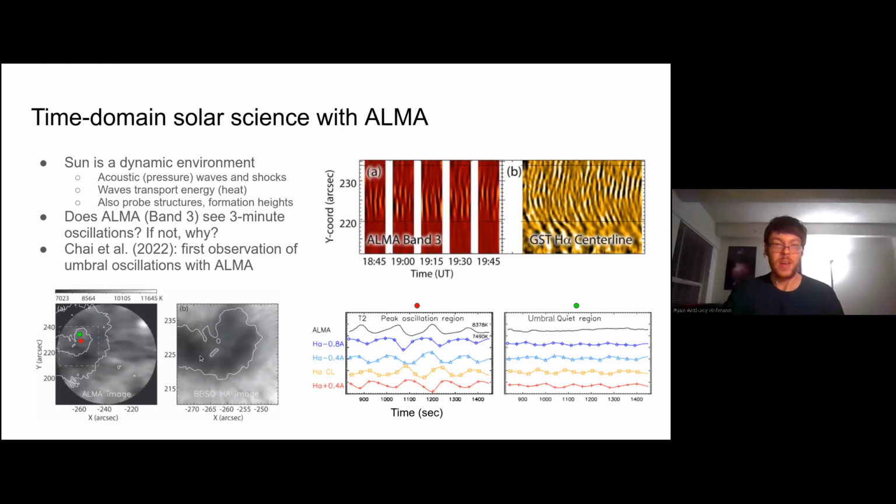For, say, Chai et al. 2022, looking at the core of a sunspot and observing the propagation of umbral oscillations, specifically comparing temperature oscillations they see in the ALMA band 3 with the velocity shifts of the H alpha line.